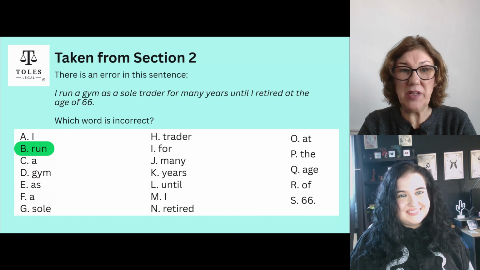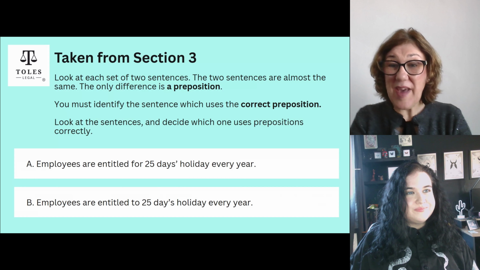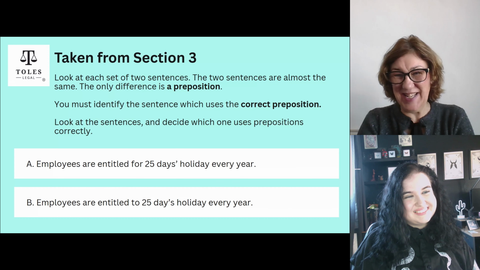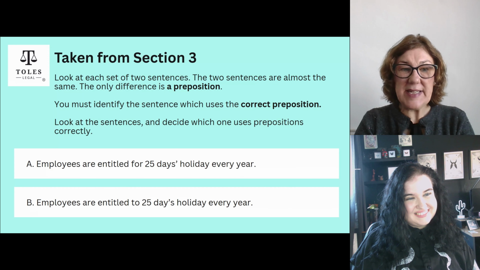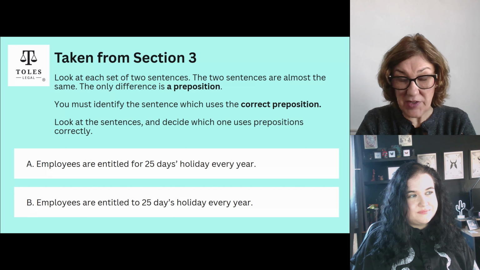What's next, Rachel? Section 3. Oh, everyone's favourite. I find everyone in the world loves English prepositions. So at this level, you get two sentences and you have to choose which one uses the correct preposition.